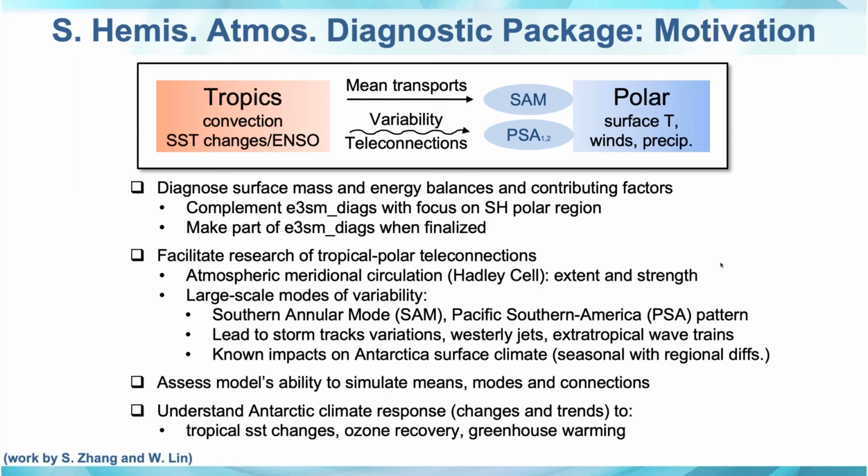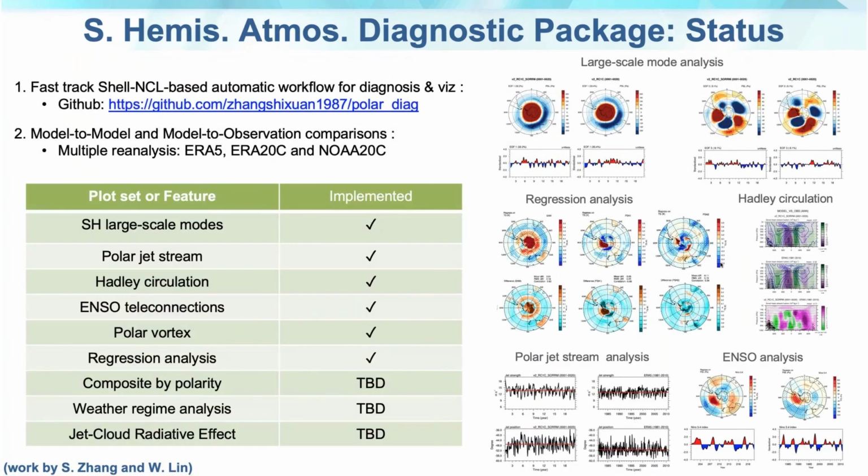In particular, things like mean transports, large-scale modes of variability, the Southern Annular Mode, the Pacific South America pattern, ENSO, and how those impact things like surface temperature, winds, and precipitation in and around Antarctica. There are a lot of interesting graphics on the right you can't see the details of, but these are just some snapshots of some of the new analysis capabilities.